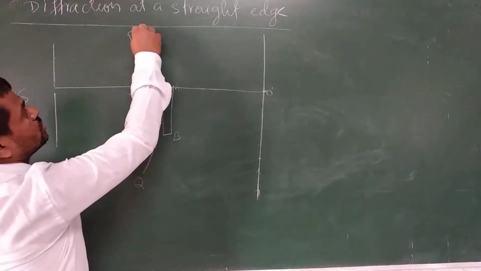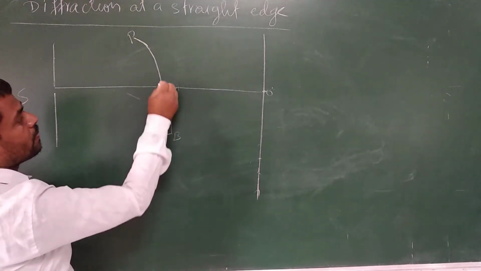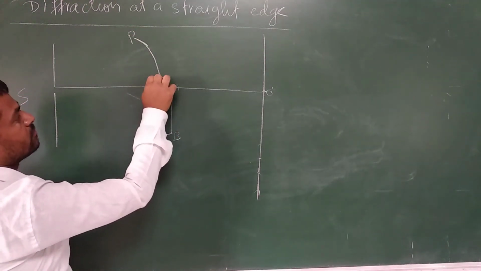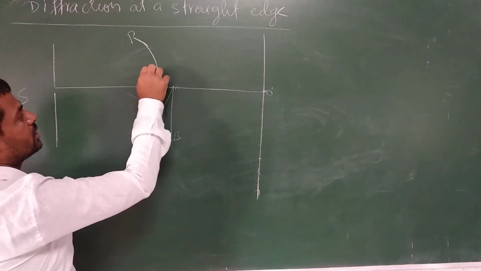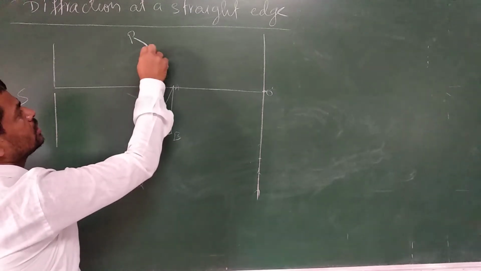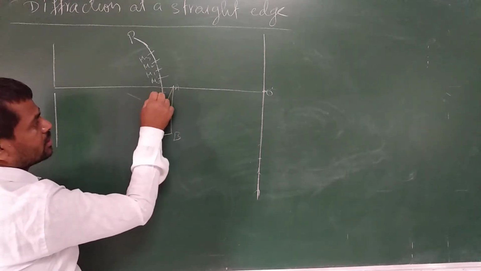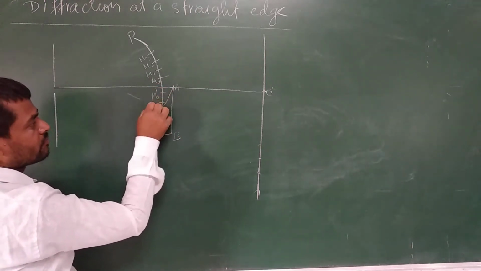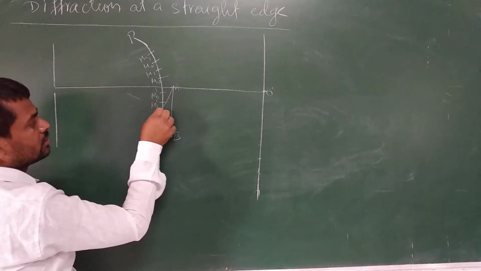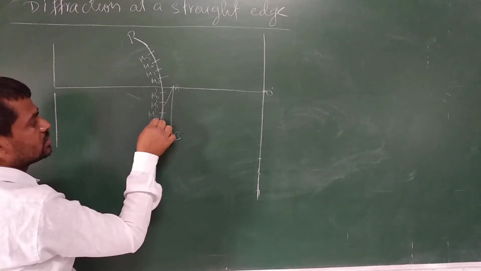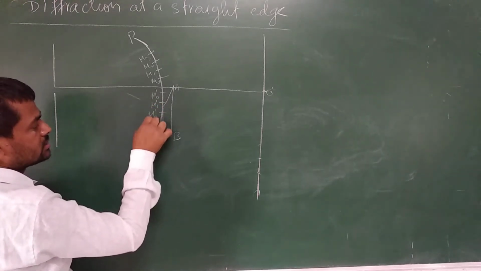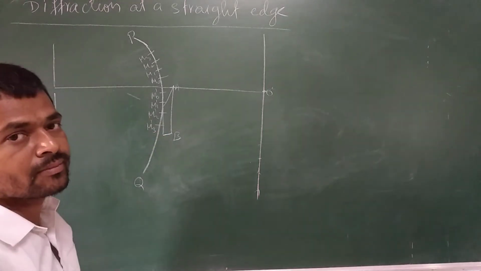Let those zones be M naught zone, M1 zone, M2 zone, M3 zone, and this side also M naught dash zone, M1 dash zone, M2 dash zone, M3 dash zone, and so on.